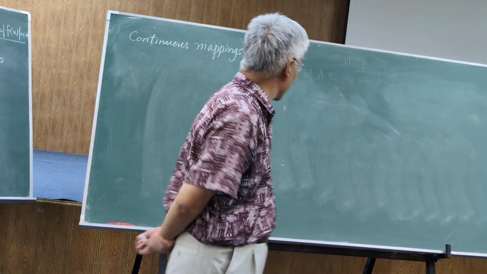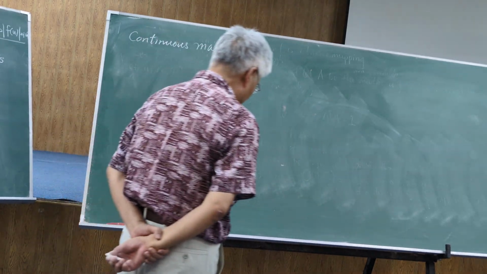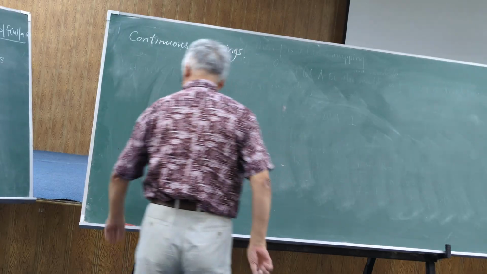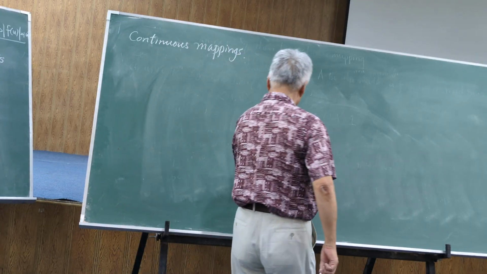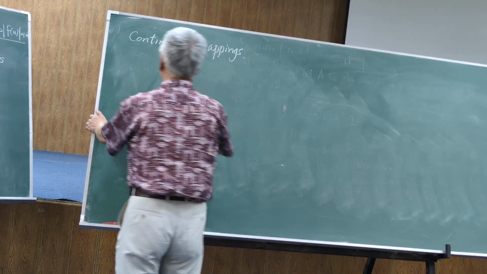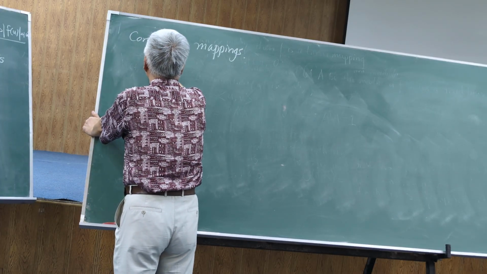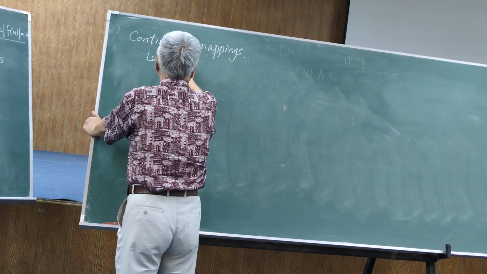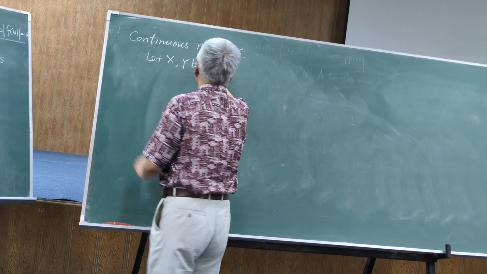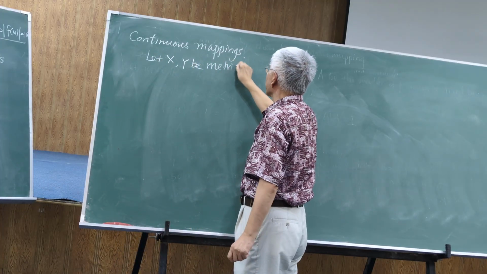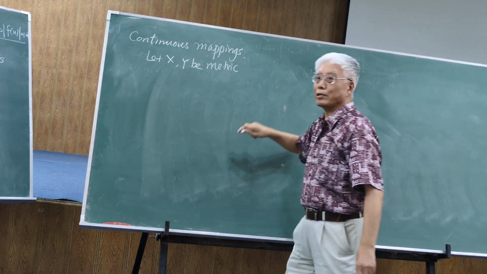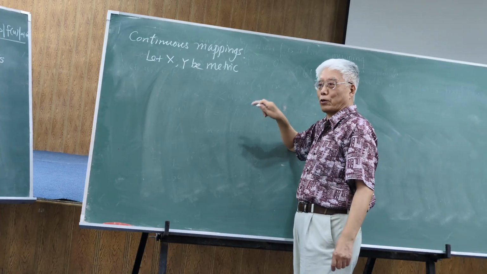So here we're going to use epsilon-delta, the Cauchy-Weierstrass way of doing continuity, in metric spaces. This is the second most general way of doing continuous mappings.